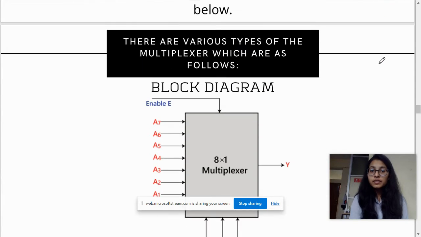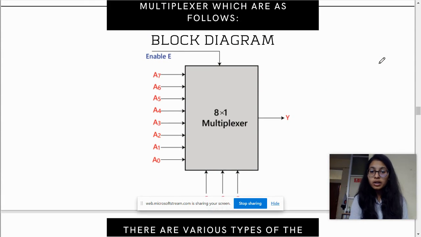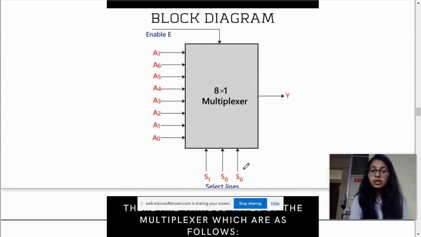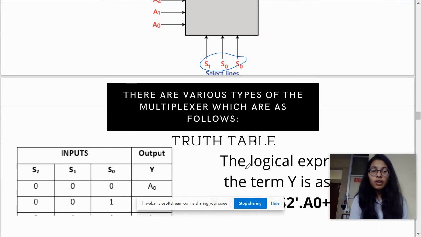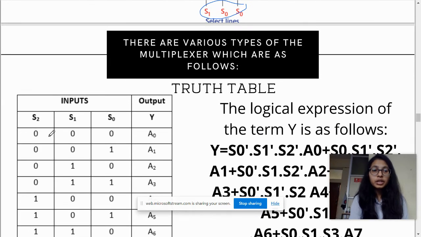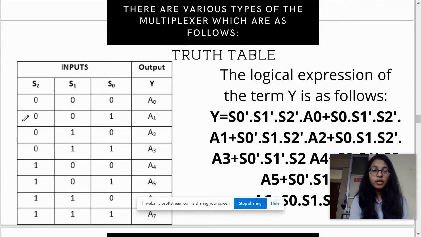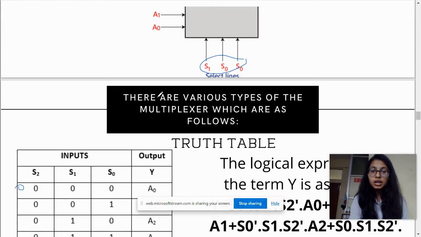Now, since the number of select lines is 3, we'll have a combination of 3. So for 3, we always have 8 combinations, that is from 0 to 7. This I can write in decimals, and this is their binary representation.